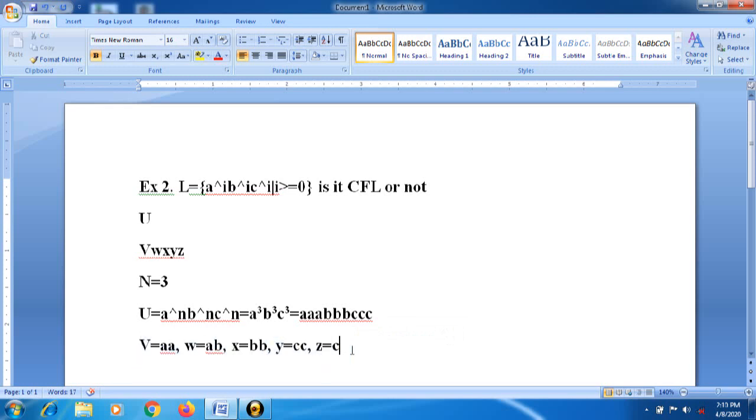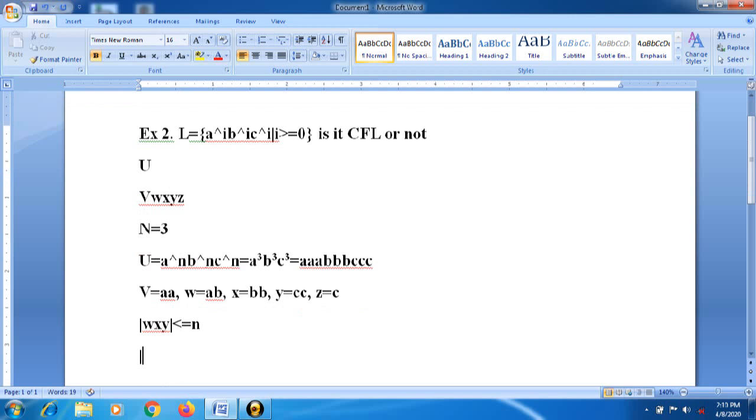Okay, next. Now we are moving towards our 4 conditions of the pumping lemma for proving a context-free language. In that, the first condition is what? Mod of wxy less than or equal to n.